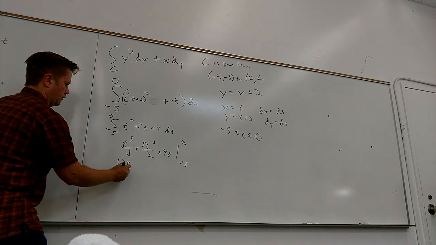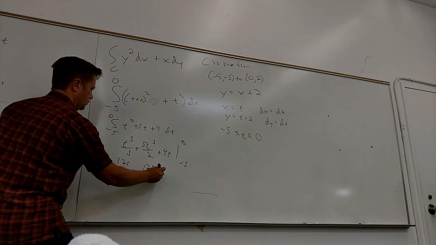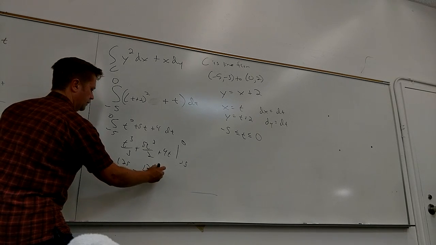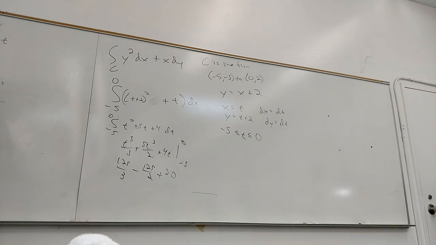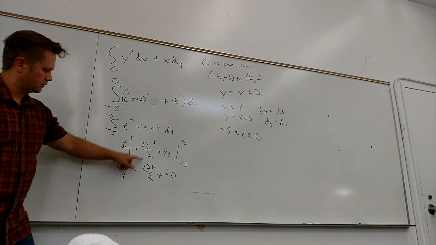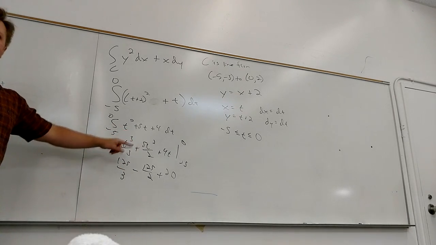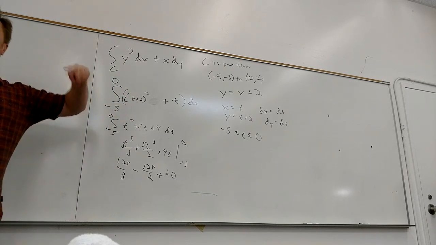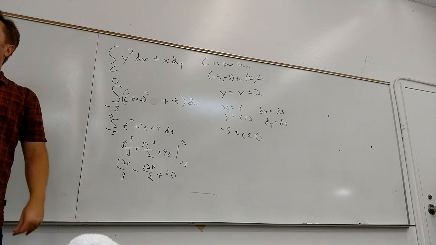So 125 over 3 minus 125 over 2 plus 20. So this is 2/6 of 125 minus 3/6 of 125, which is negative 1/6 of 125. And then 20 minus 1/6 of 125, it does work out, believe it or not.